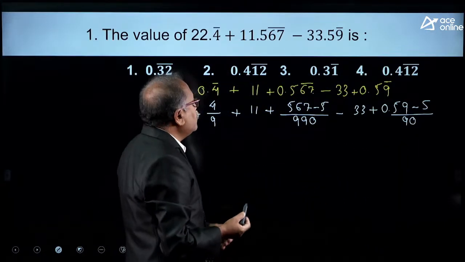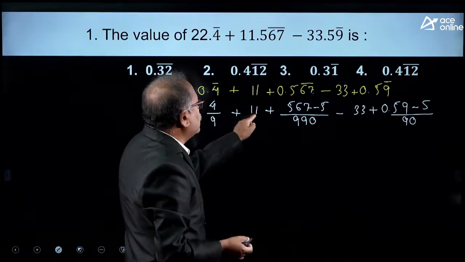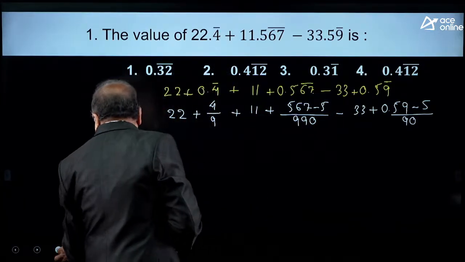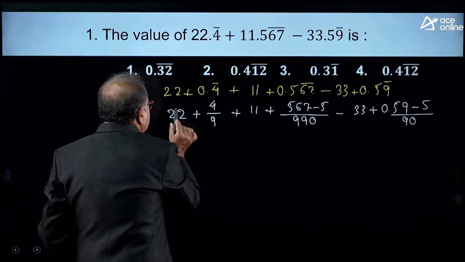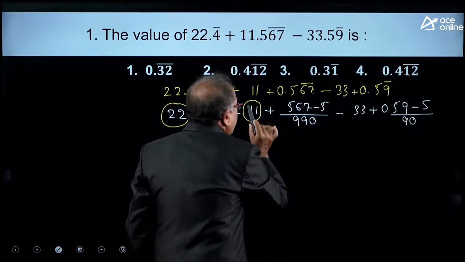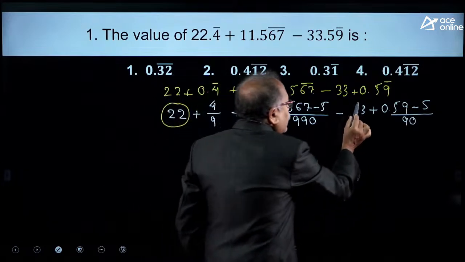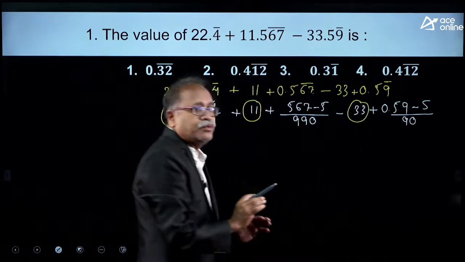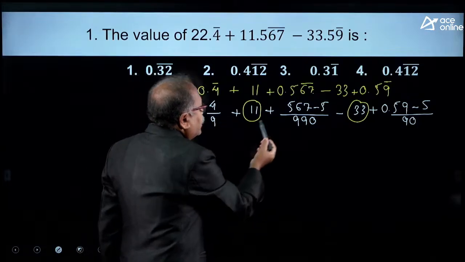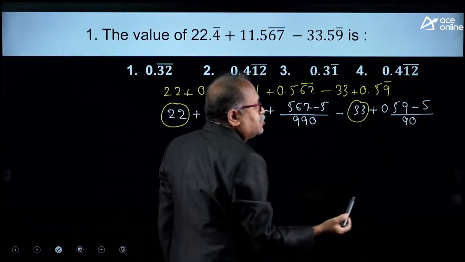Now can I do this as 22 plus 11 minus 33? So separately I am dealing with the integers, 22 plus 11, that is 33, and minus 33, that is 0. So these numbers are eliminated. Now I am left with 4 by 9 plus these numbers, so I need to solve this.